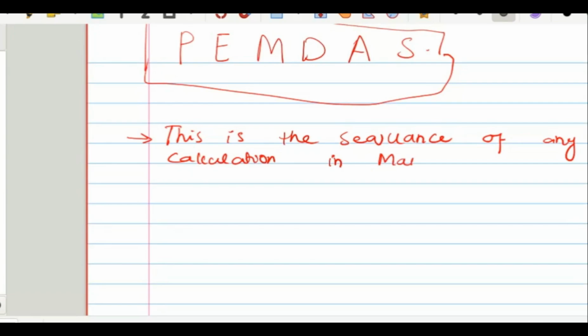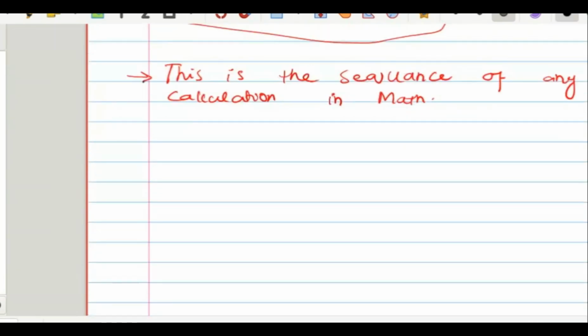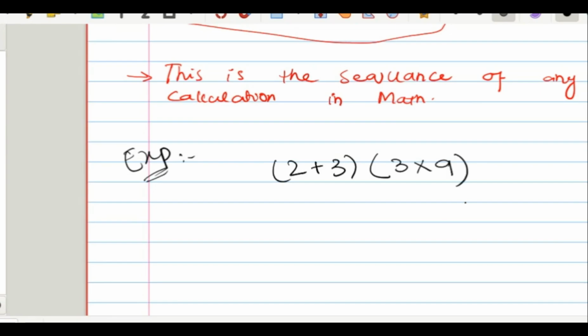If in mathematics or in your daily life you have a situation like this, let me write it here: 3 multiplied by 9. This is a very important thing.